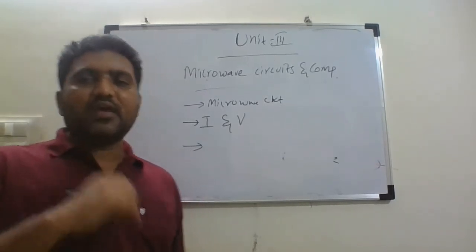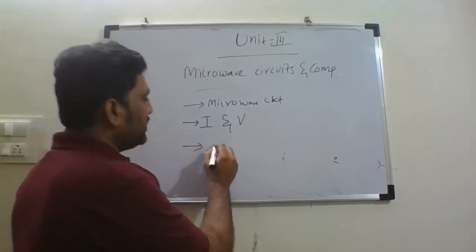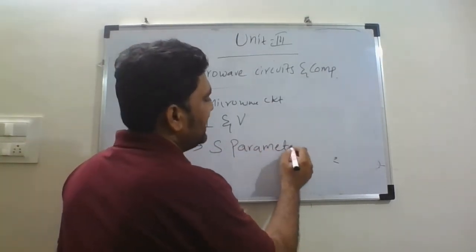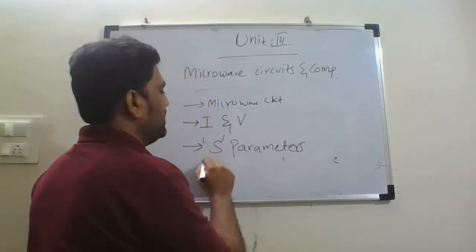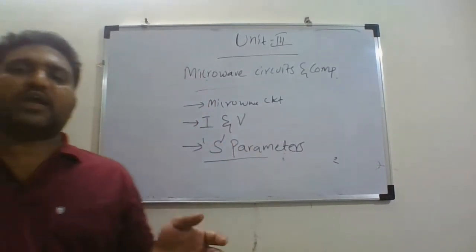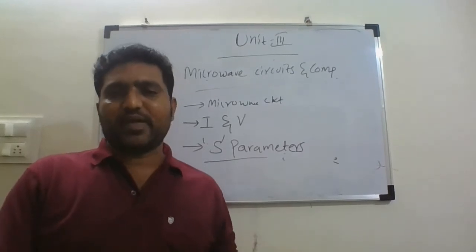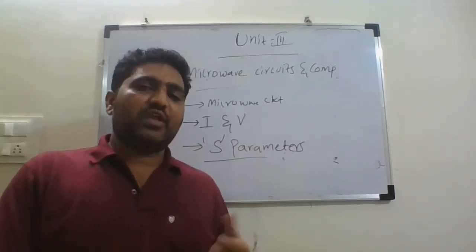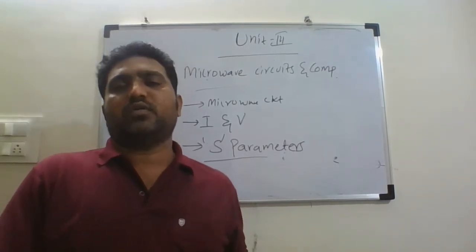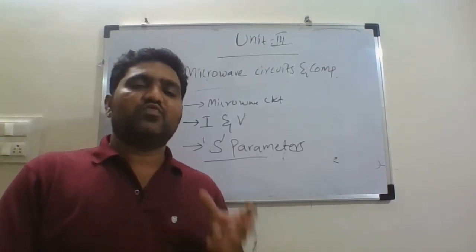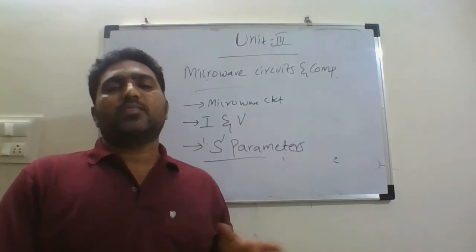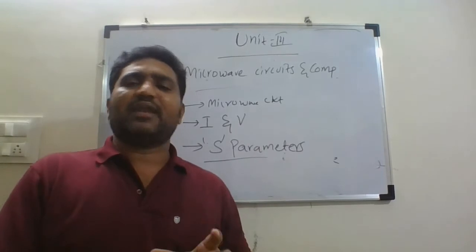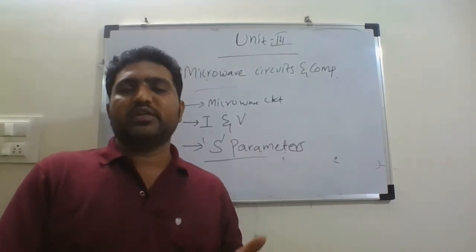For doing that, we introduce a special kind of parameters called S parameters, scattering parameters, similar to Z, Y, ABCD, H parameters. All these work at low frequencies, but at high frequencies these concepts do not work. At high frequencies we need parameters that can convey the characteristics of the components that we are using.